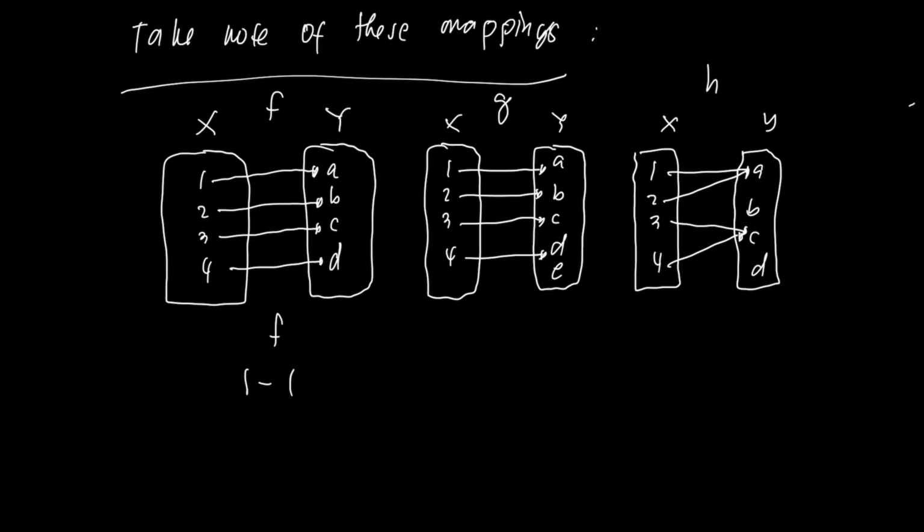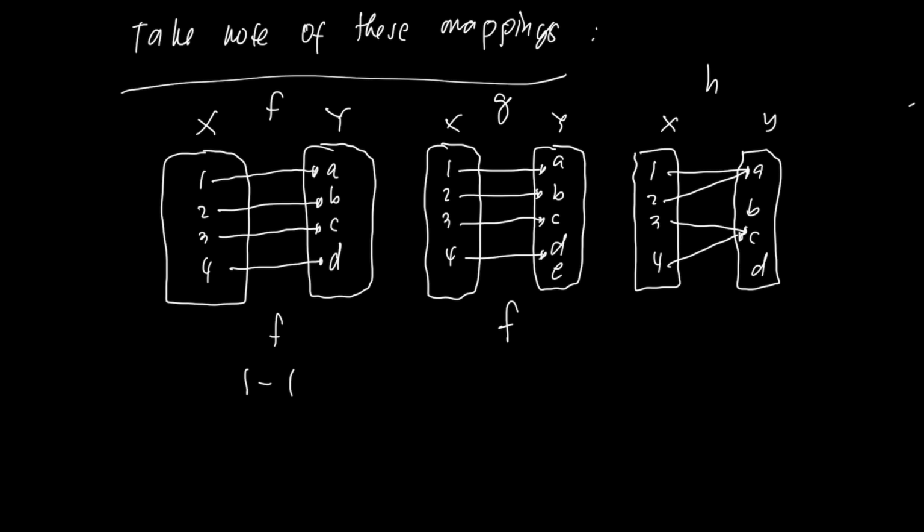For g, this is also a function because every element in x is mapped to an element in y, and the mapping is unique. So this is still a function. Now, for h, every element is mapped to an element in y, and the mapping is unique.